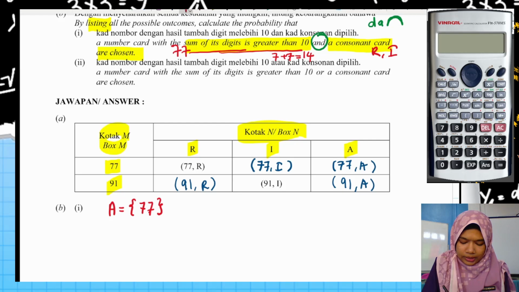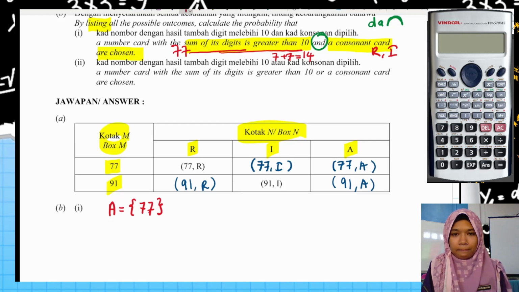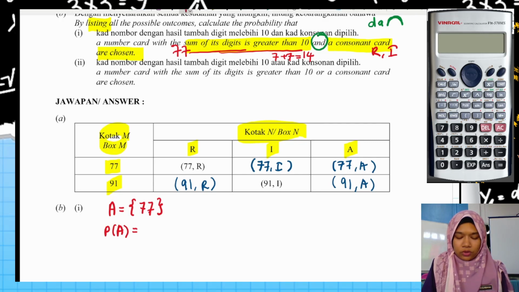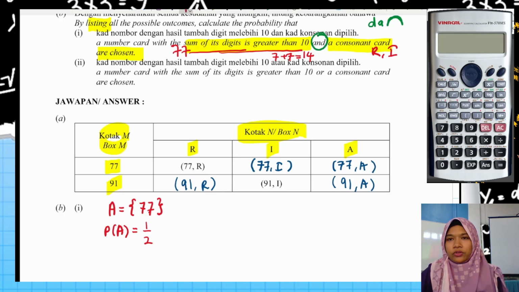Okay. Alright. And then yang ni dalam kotak M. Okay, in box M. Event B, okay, probability event A. Probability event A is 1/2. Why 1/2? Kenapa 1/2? Because in box M, okay.